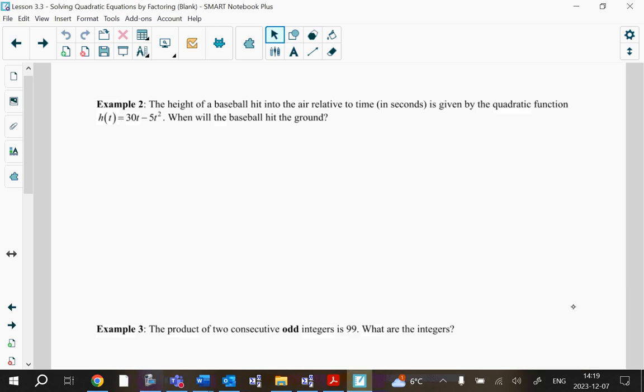Here's where we can use quadratic equations to solve problems. Now, the first thing is that many times students will get a quadratic equation problem confused with a maximum minimum problem.